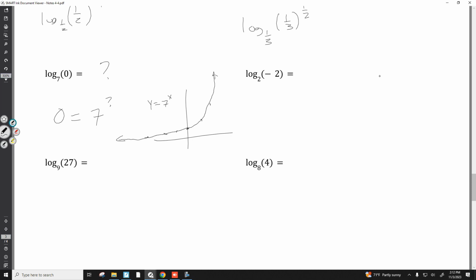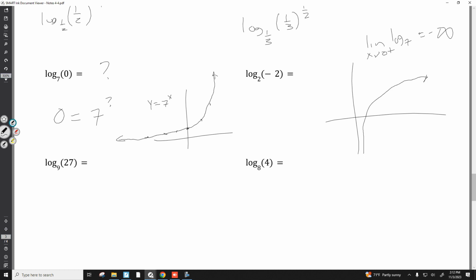This is why, for log functions, as you approach 0 from the right, your log function will approach negative infinity. It would not exist. If it was approaching 0 from the left, I'd say there's no graph there. It's undefined.